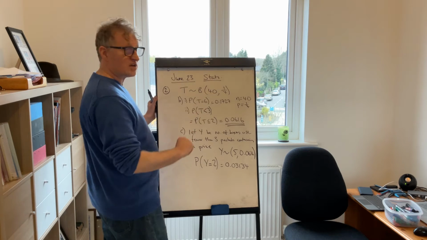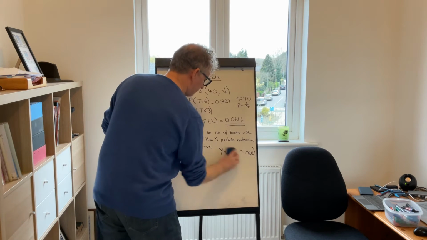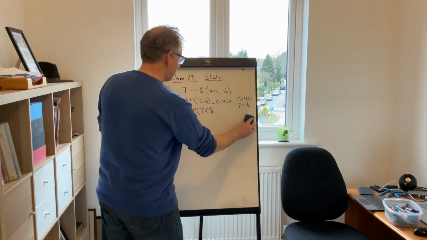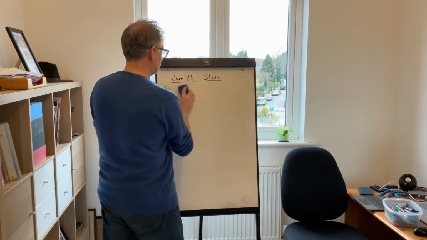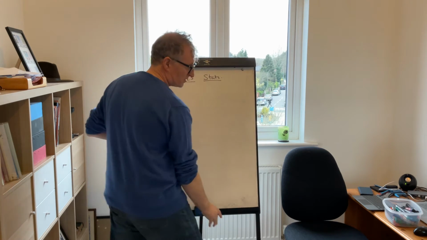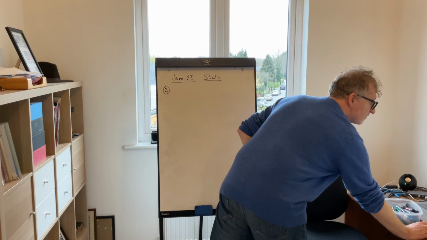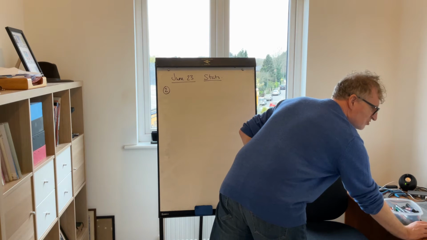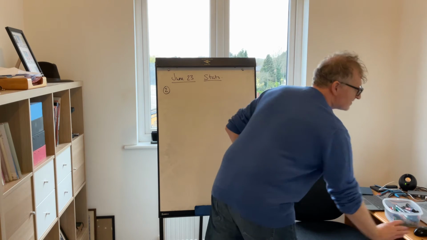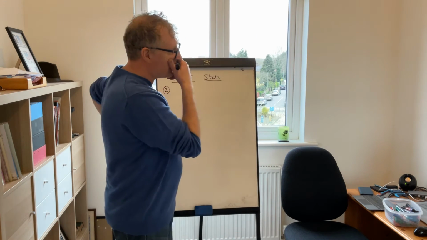Okay, now comes our hypothesis test. So, just clean the board a bit. So, just get that calculation back up there. It now says a random sample of 110 packets is taken and 9 packets contain a prize.